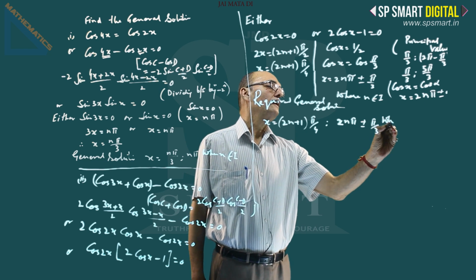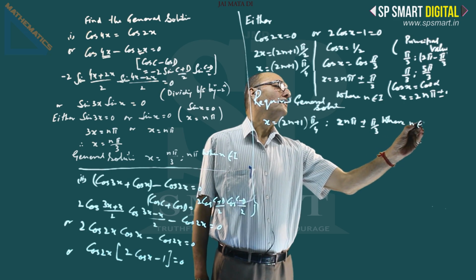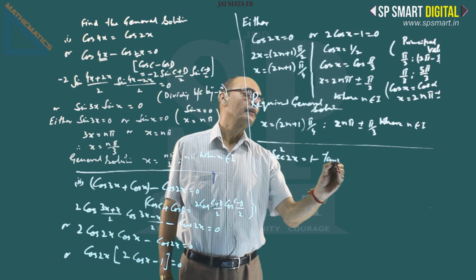Of course, where n belongs to the set of integers. Next, tan of 2x.